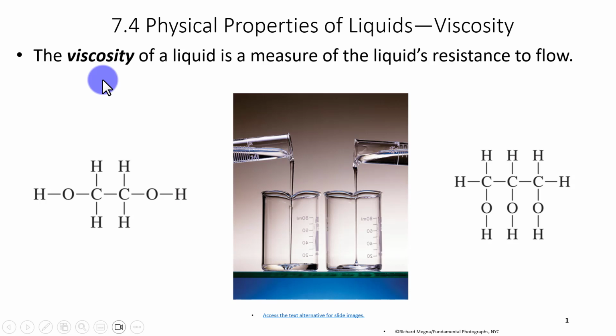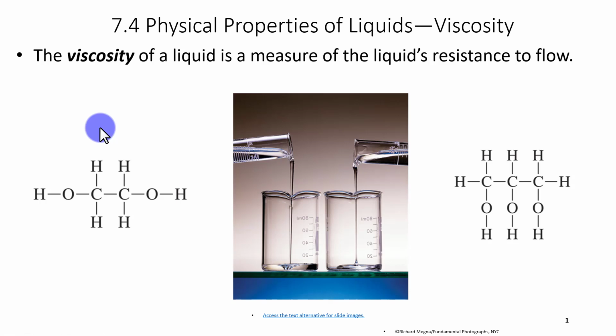So if we were to look at water versus honey, well, we know that water flows relatively easy, so it must not be very viscous. Well, what is then the key to honey being very resistant to flow? That tells us that its intermolecular forces have got to be a lot stronger than those of water.